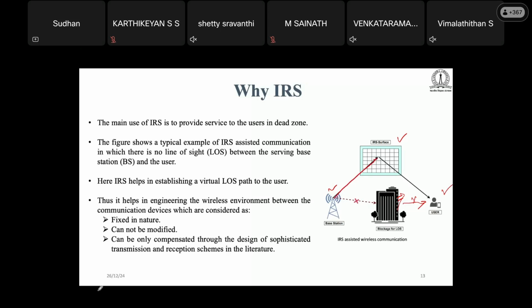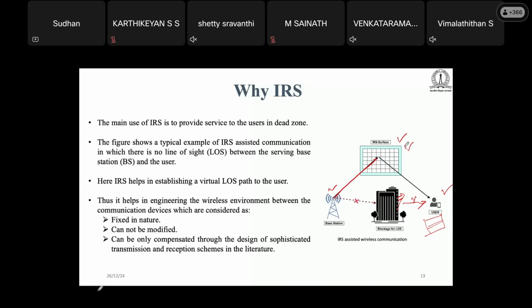Okay, and also you can see that they are making a virtual communication, and this is called a shadowing region. As I mentioned in the introduction slide, this area can even be filled by the power signal if we have a very large antenna system, but that will not be power efficient.